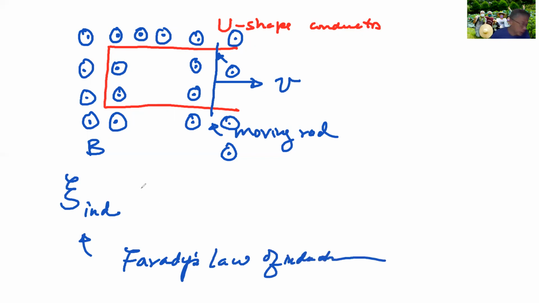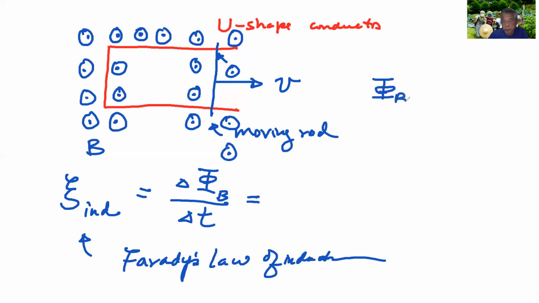Okay, so remember epsilon is equal to delta phi B over delta t. There's a negative sign for Lenz's law, but we're going to drop that negative sign for now. So what's phi B here? A is this area right there, and currently that's the A right now.